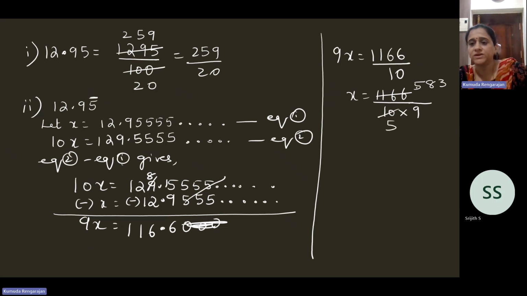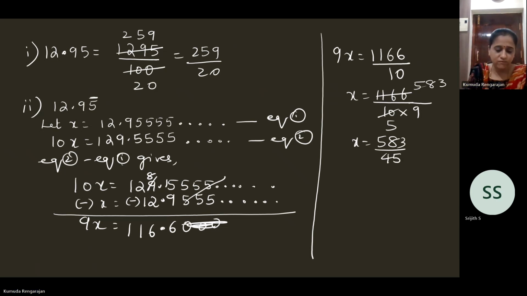Now check what is 5 plus 8? 13. 13 plus 3, 16. It's not divisible by 3. But in the denominator, you have 5. You cannot simplify 583 and 5. Then what about 9? It's divisible by 3. But the numerator is not divisible by 3 according to the test of divisibility. So that's the simplest form. So x is equal to 583 divided by 45. That's all. That's the answer.